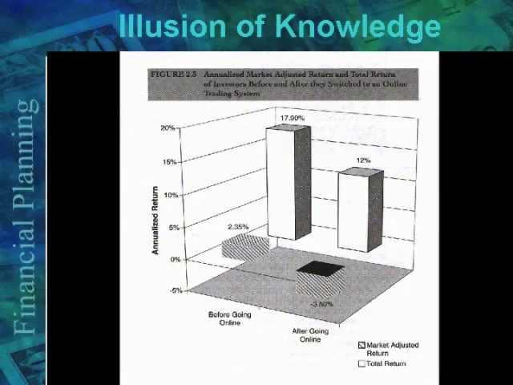So before going online, this group that was studied was making 18% market adjusted return, and they were outperforming the market index by 2.35%. After they went online, their returns reduced to 12%. They underperformed the market by 3.5%.